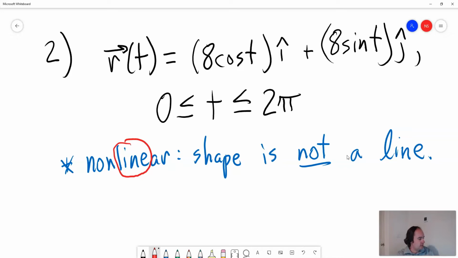So for example, on my math lab, they actually plot points just the way we did, and they do 0, which is where t starts, and then they do 2 pi. And they also calculate the velocity and the location.